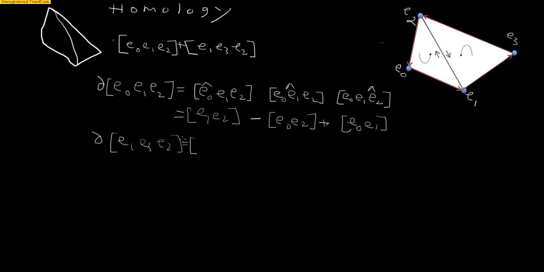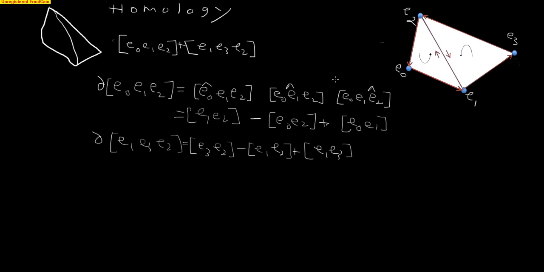If we follow the same rule and make sure that you get the right orientation, we drop the first one, we get E3, E2, minus, we drop the second one, E1, E2, plus, we drop the third one, we get E1, E3.